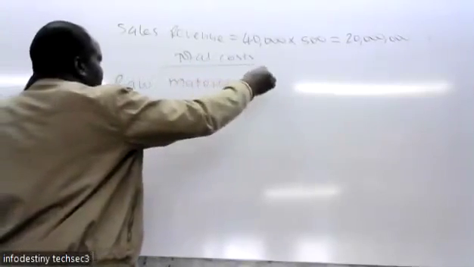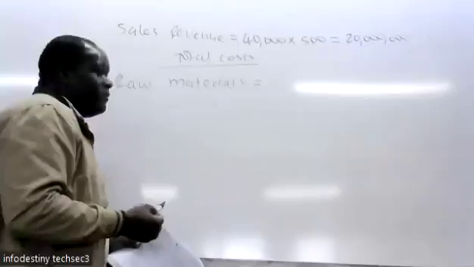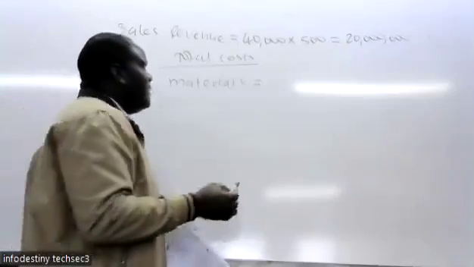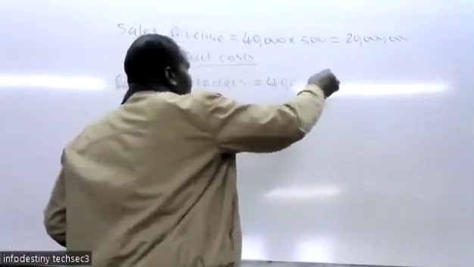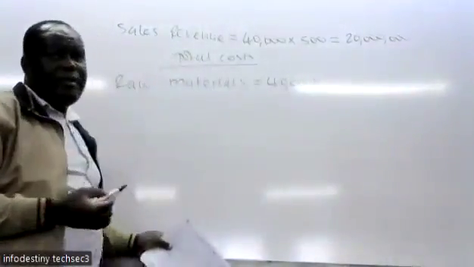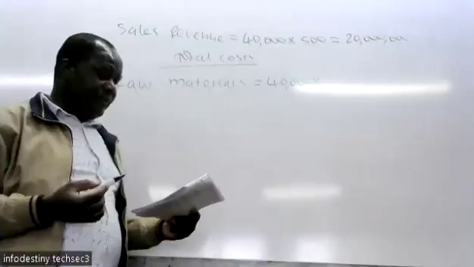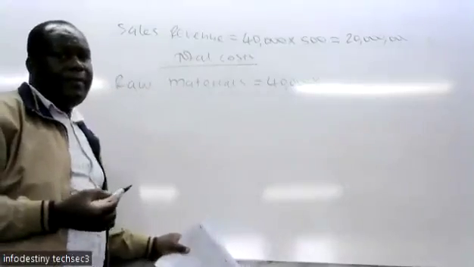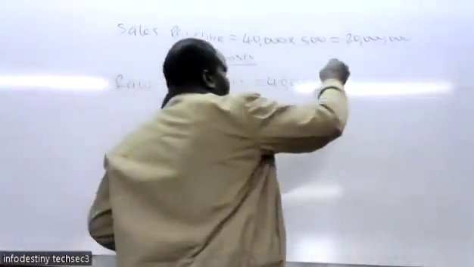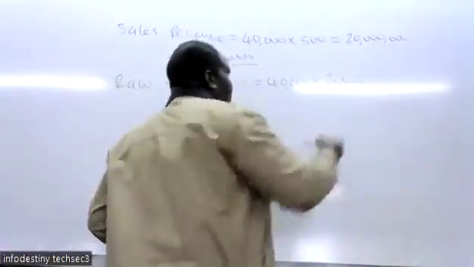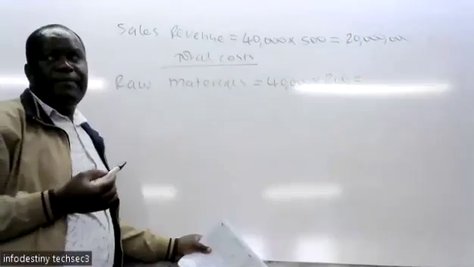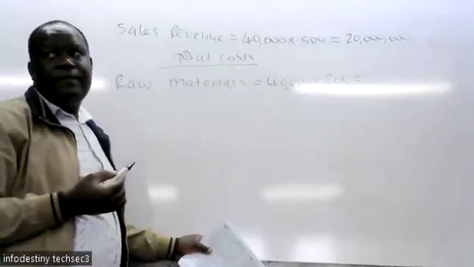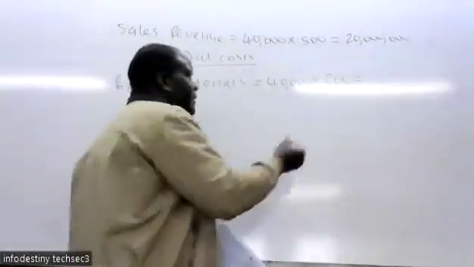For the raw materials, you still take the 40,000 units. What is the material cost per unit? Multiplied by that, which should give us which value? Now put that 8 million.